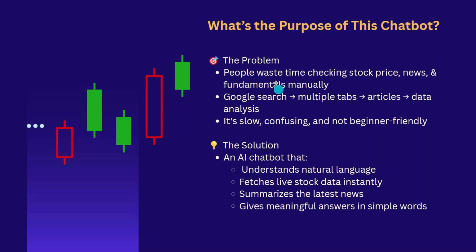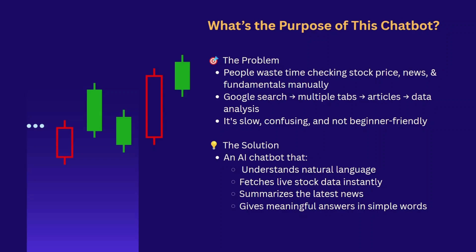So now I will explain what is the purpose of this chatbot. The main goal behind this chatbot was to solve a real pain point. When people want to know the latest stock price, market news, or fundamental and technical analysis, they usually go to Google, check multiple tabs, read articles, and manually analyze data.